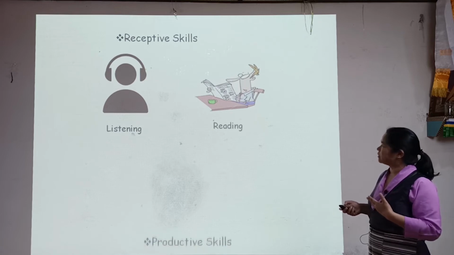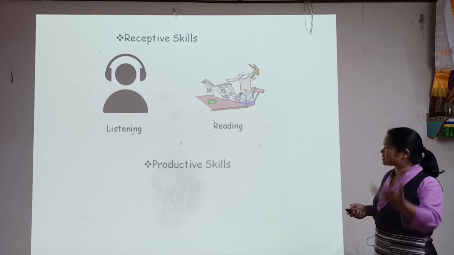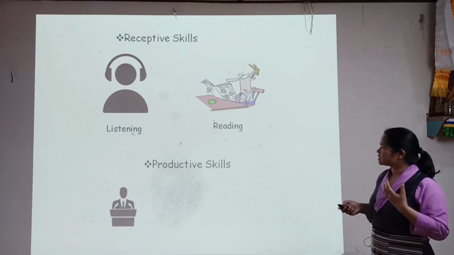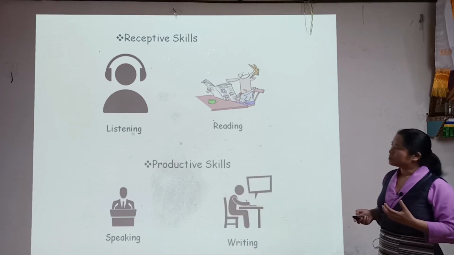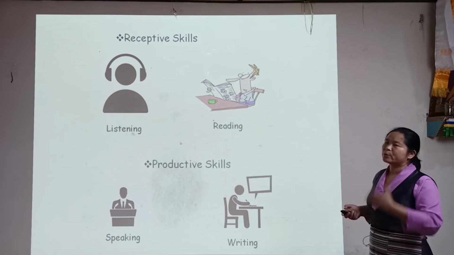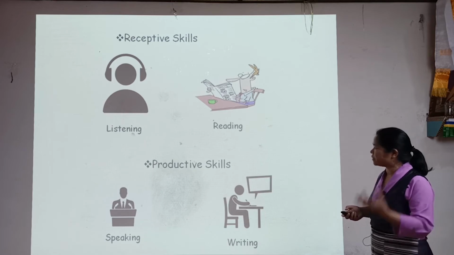And what is that? That is the productive skills or the output skills. What are the productive skills? The first is speaking. The second is writing. These are the two skills through which we bring out or share our information with others.